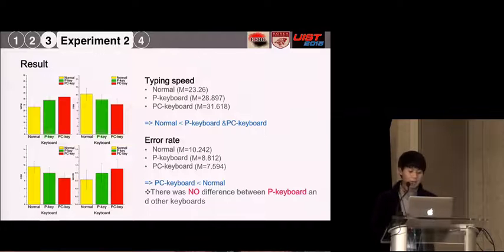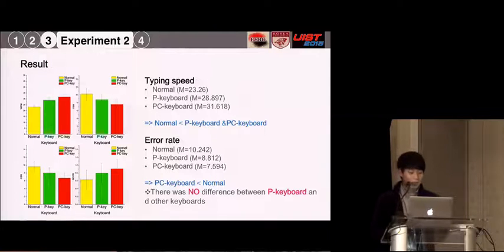And then, in the case of error rates, the normal keyboard was 10.24%, the P keyboard 8.81%, and the PC keyboard 7.59%. So the normal keyboard also had the highest error rates. However, there was no difference between the P keyboard and the other keyboards based on the result of the ANOVA.